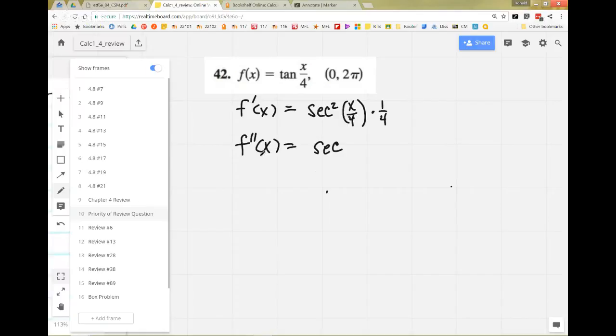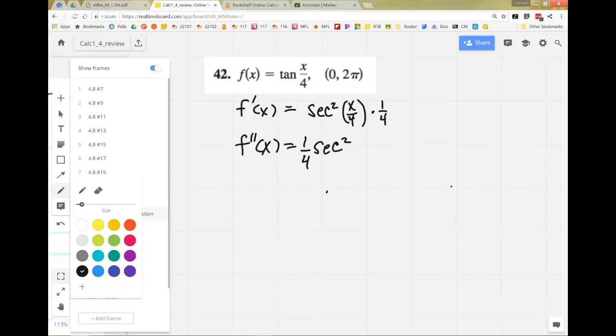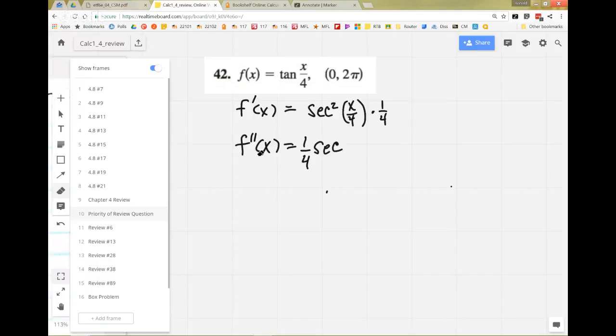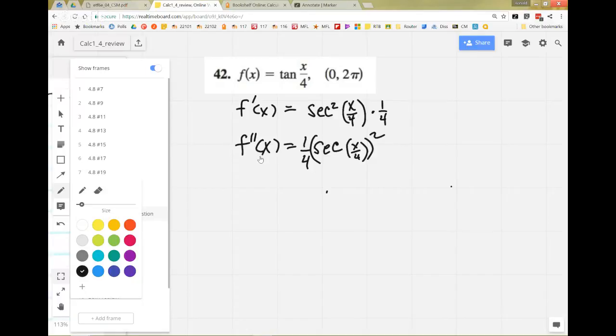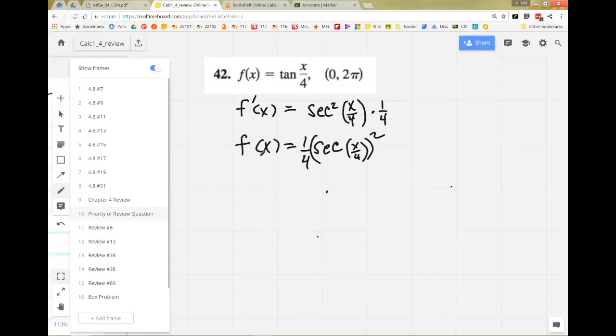So I'm going to put this 1/4 in the front. 1/4 times the secant of x over 4 squared. Okay, so I haven't done the derivative yet. Let me get this out of there. So this is still a function, the first derivative.